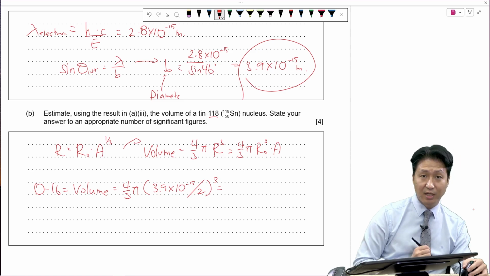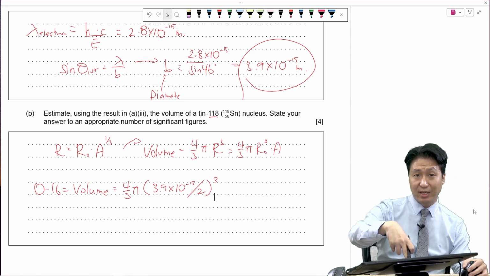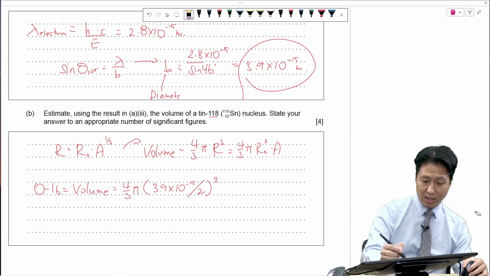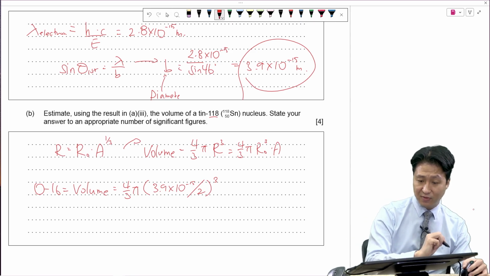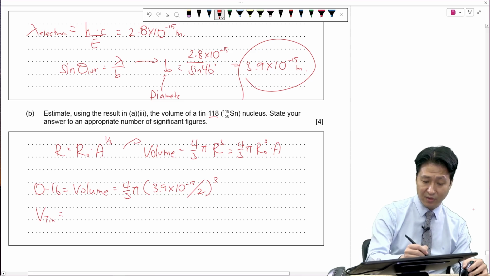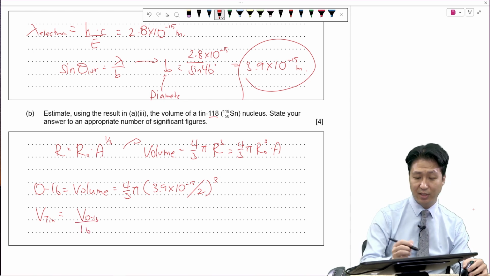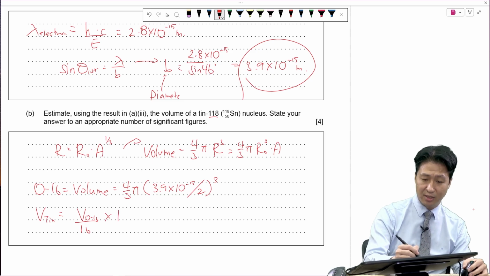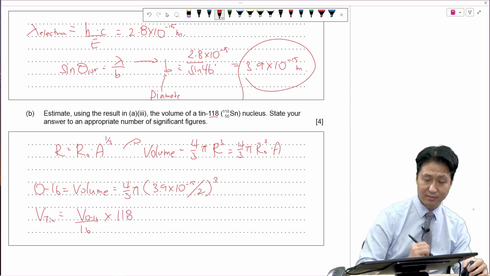Next, if you find the volume here, you can calculate this right now, but if you want to find the volume of tin-118, the volume of tin will be the volume of the oxygen-16, and we divide this by 16, so you get the volume of one nucleon, and you multiply this by 118.